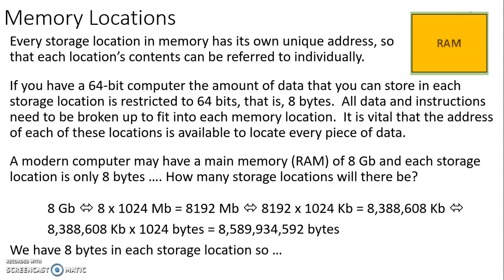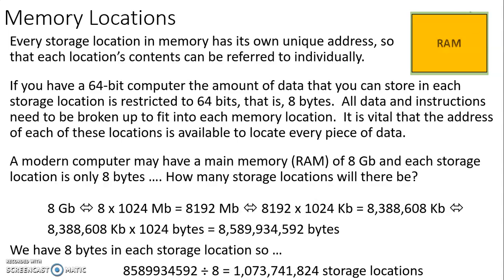We have 8 bytes in each storage location, which is going to give us, if we have an 8 gigabyte RAM, 1,073,741,824 storage locations. So that's quite a lot for the processor to handle if you think of all of the information and data that's coming through a processor at any given time.